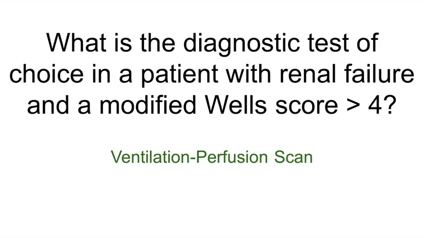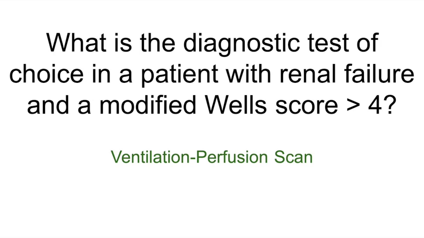But it's very important that you look for the BUN, the creatinine, just any evidence of renal failure in a patient that presents with symptoms or signs of a pulmonary embolism, because the examiners like to tackle this, is knowing which test is best for a patient with renal failure and without renal failure.